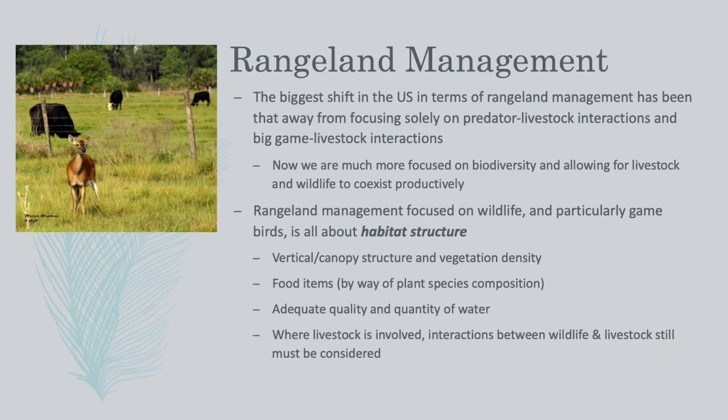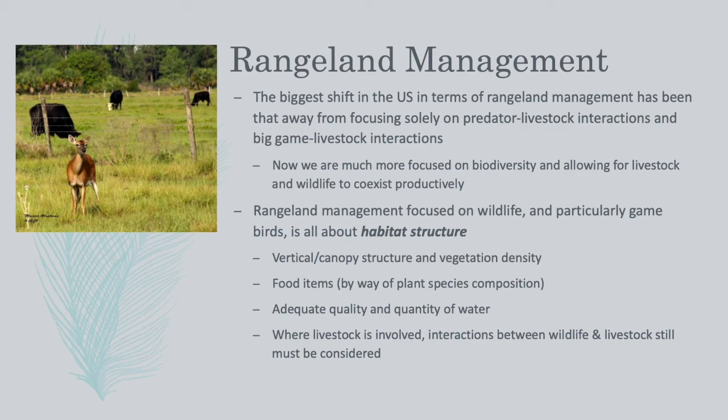That would be something like competition between deer and cattle for forage. So now we have shifted toward a focus on biodiversity and the ecosystem as a whole, and allowing for our livestock and our wildlife to coexist in a way that's productive, so that the ranchers can still make a profit to support themselves. That's their livelihood, but we can also do our best to support native wildlife and plant communities.